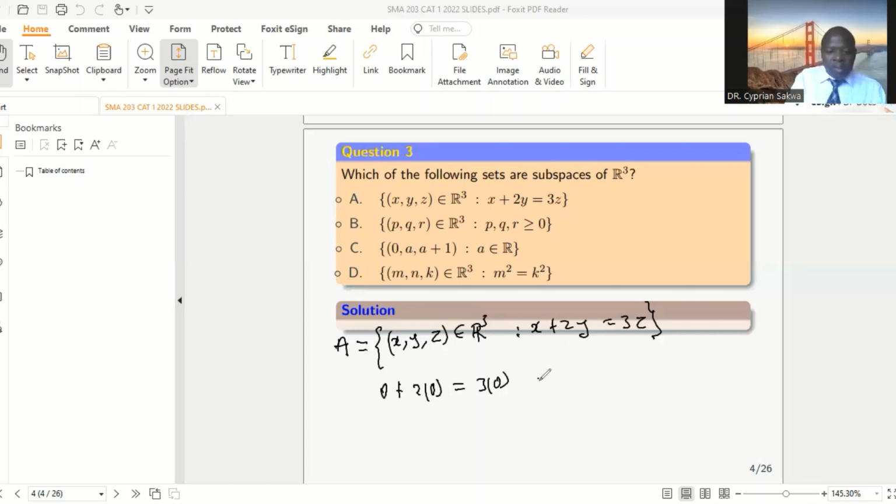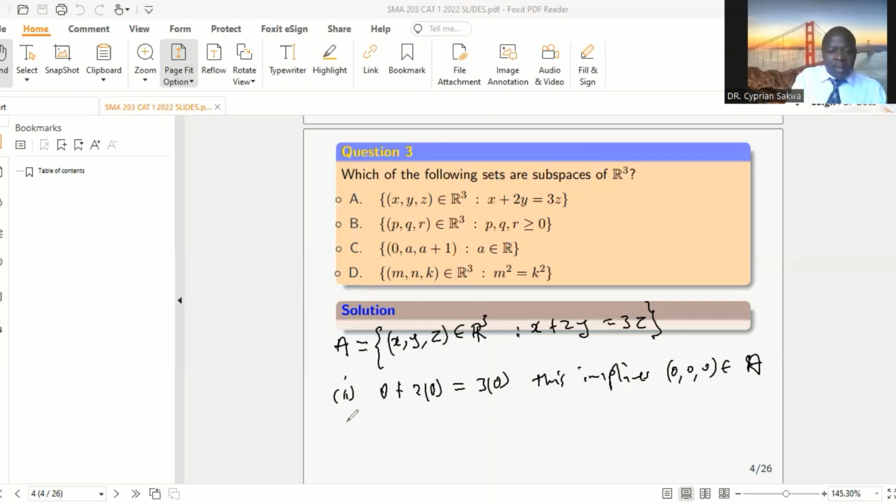That implies that (0, 0, 0) is in A. I said let that set be called S. So this set has the vector (0, 0, 0), which means the first condition is met. It means that A has the zero vector.